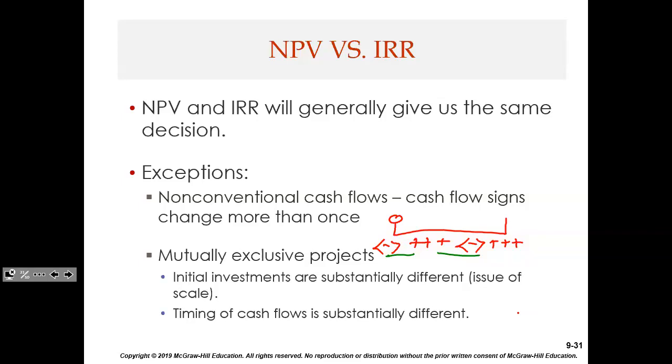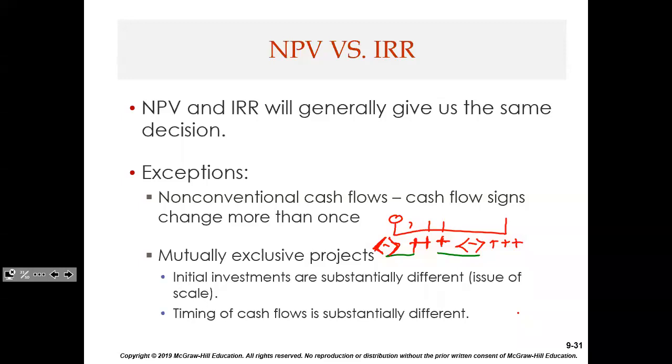So we have our initial investment here that's negative, okay? And let's say this was a gas station. And we had a few positive years here, and then all of a sudden the inspector comes around and realizes, hey, your tanks are leaking in the ground, right? That's not a good thing.